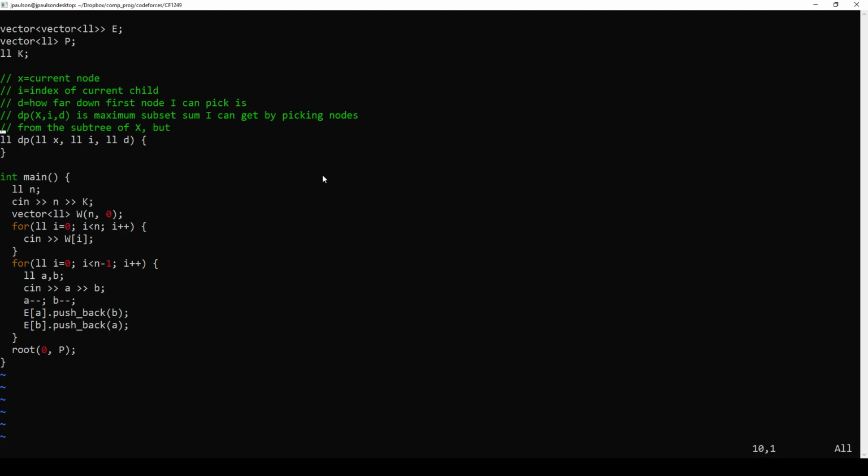I think it's very useful for DPs to actually define exactly what subproblem you're going to use. So that's what I'm trying to do right now, is to write down exactly what this function is supposed to mean.